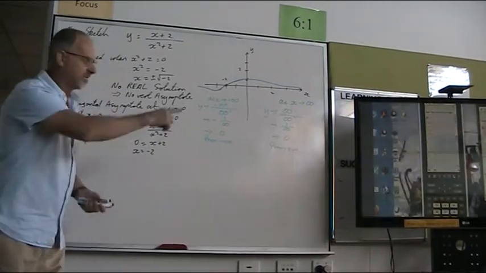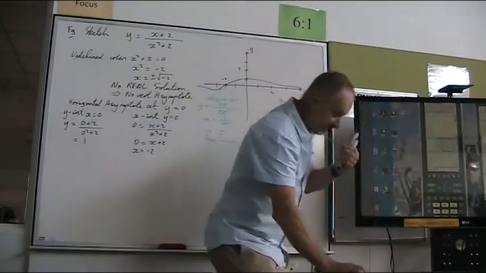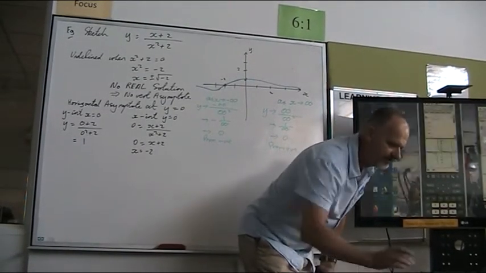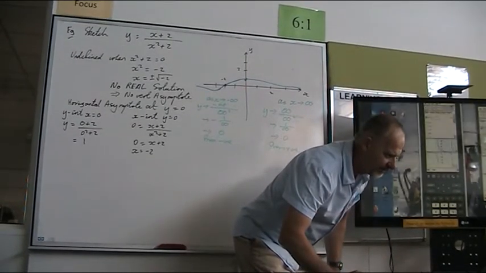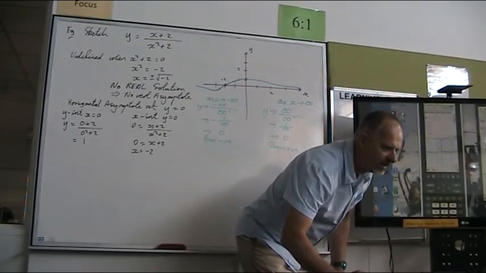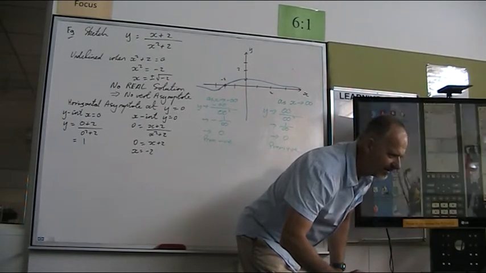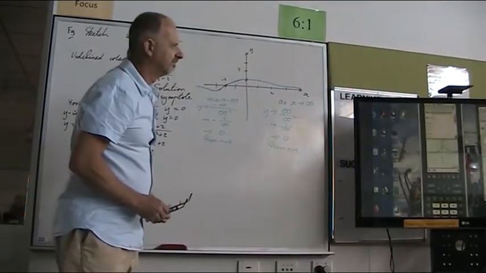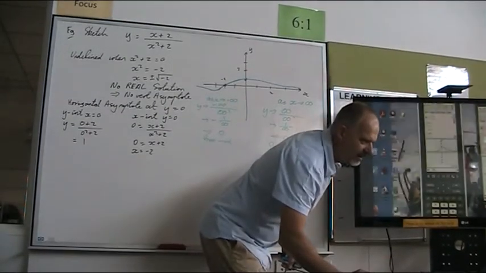All right, do you want to put that on there? Yeah? All right, let me put that on there. X plus 4, plus 2, plus 2. It's on the top as well, X plus 2. Oh, plus 2, not 4.